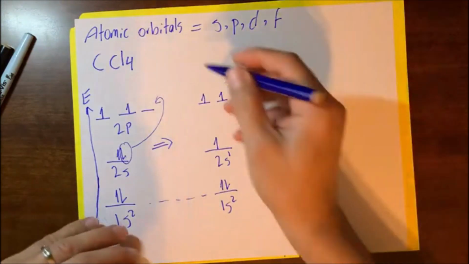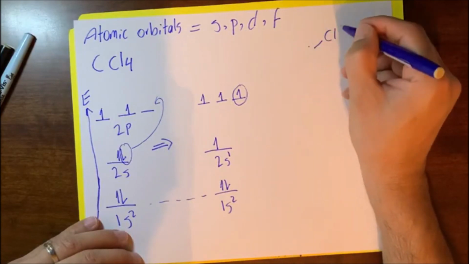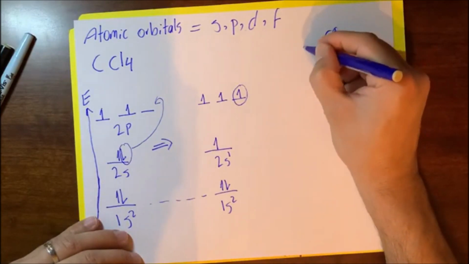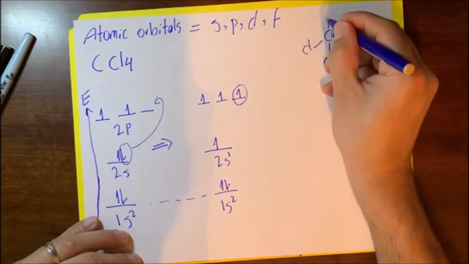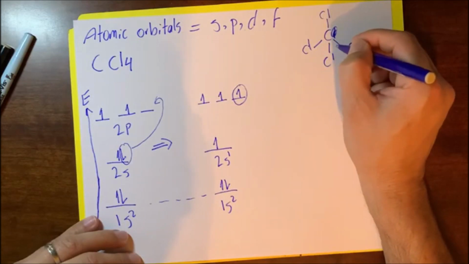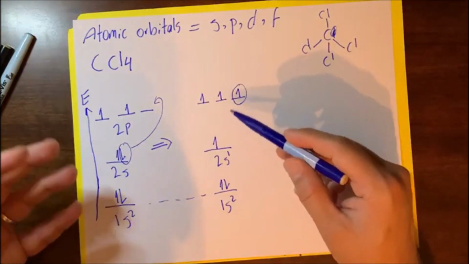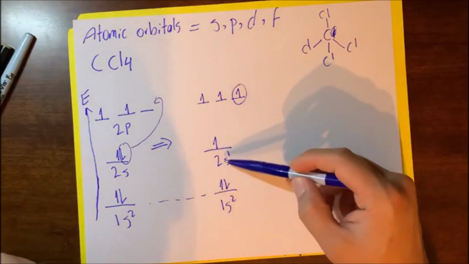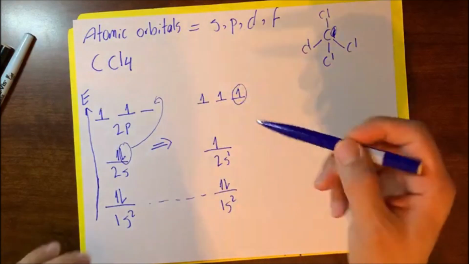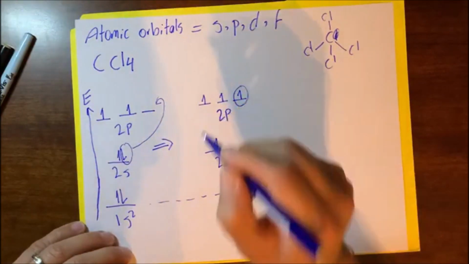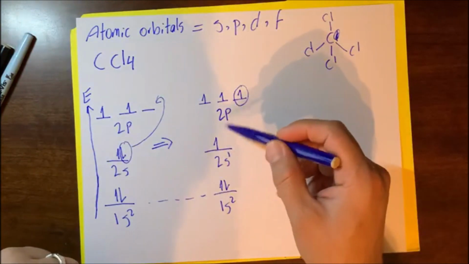But remember that when we build the geometry for this molecule, we said all the bond lengths and bond angles are equal. But right now, as you see, we have one 2s orbital and three 2p orbitals, and they are not going to be exactly the same.